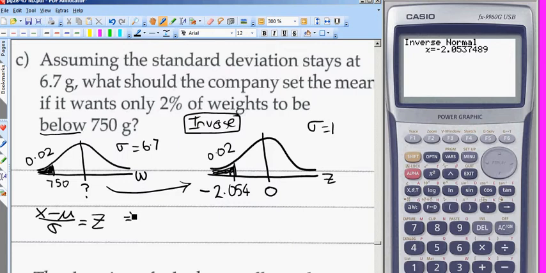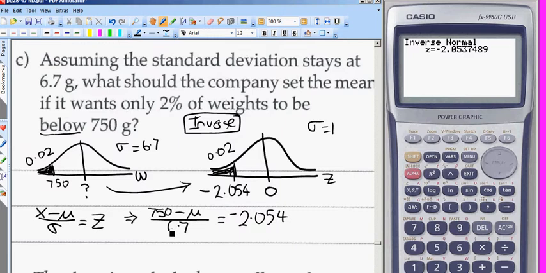So if we put in everything we just said, the value is 750 minus the mean that we don't know, divided by the standard deviation of 6.7, that's what the calculator's done, to get a value on the Z curve of negative 2.054.